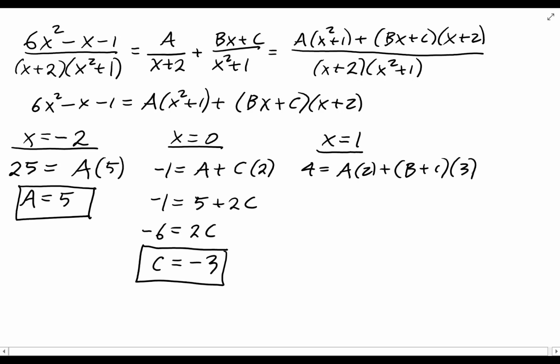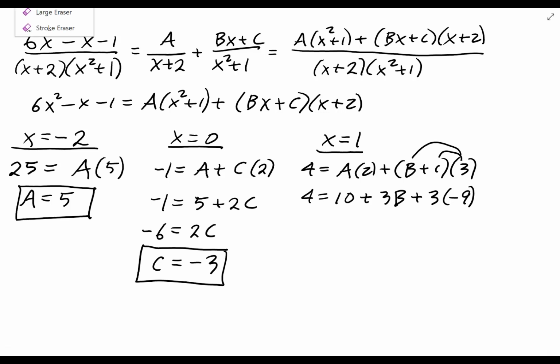And A is 5, so 5 times 2 is going to be 10. And let's distribute this 3 over here. So we get 3 times B plus 3 times C, and C is a negative 3.